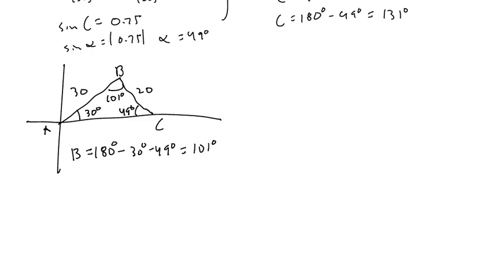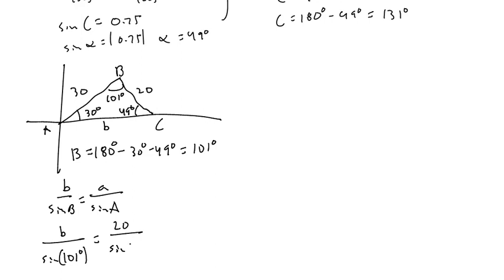So then the distance between the two there will be side B, so we'll have B over sine B, and we're going to use A because it was given to us, A over sine A. Multiply both sides by sine 101.